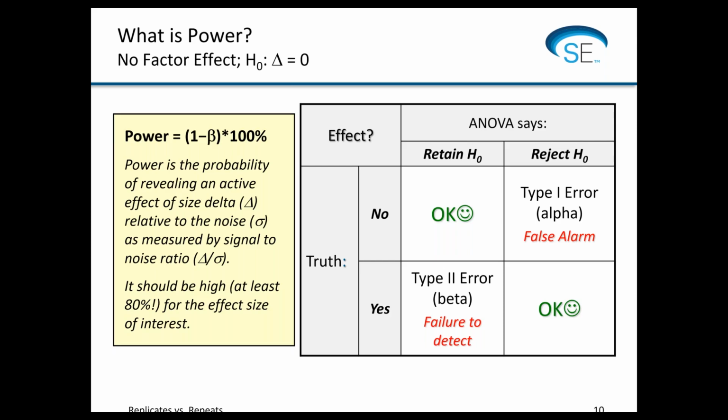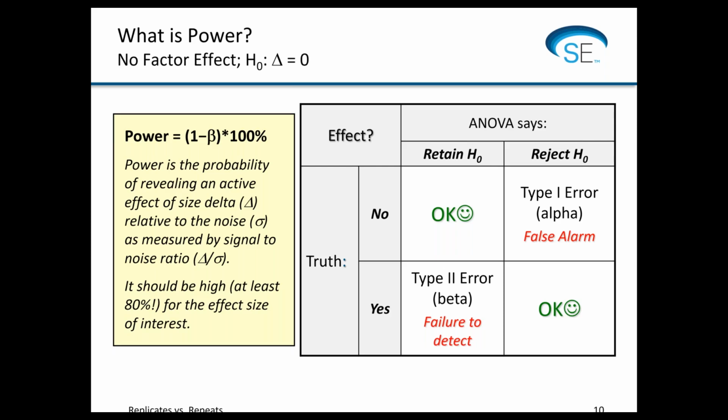So basically, when we run an experiment, we're looking to see if changing a factor changes the response. Okay, so I'm going to vary temperature between a high level and a low level. I expect that to create some change in the response I'm measuring. That change we're going to call delta.